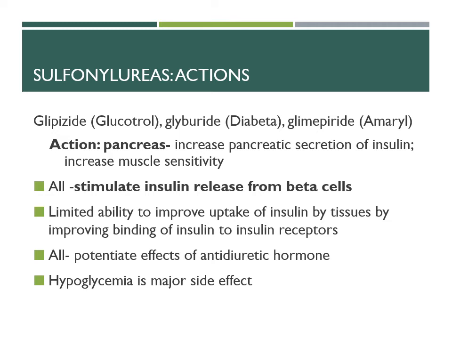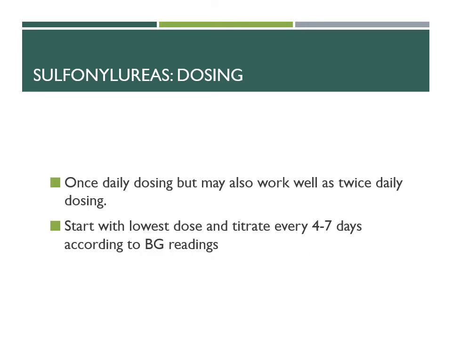They can also potentiate the effects of antidiuretic hormone, but as I said, hypoglycemia is a major side effect. So once daily dosing, but they also sometimes can work well as twice daily dosing. Start at the lowest dose and titrate every 4 to 7 days according to blood glucose readings.